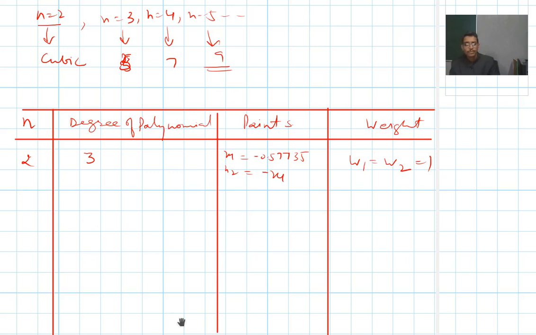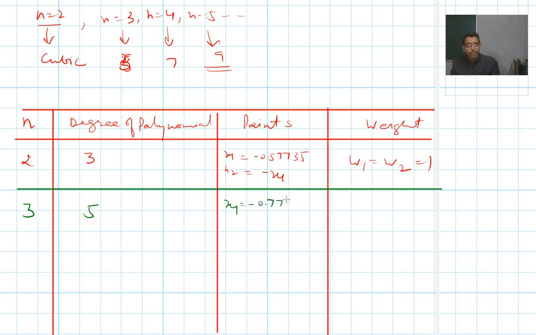Then for a higher value, n is equal to 3, we take a 5th order polynomial, and here x1 is minus 0.774596, x2 is 0, and x3 is equal to minus x1.